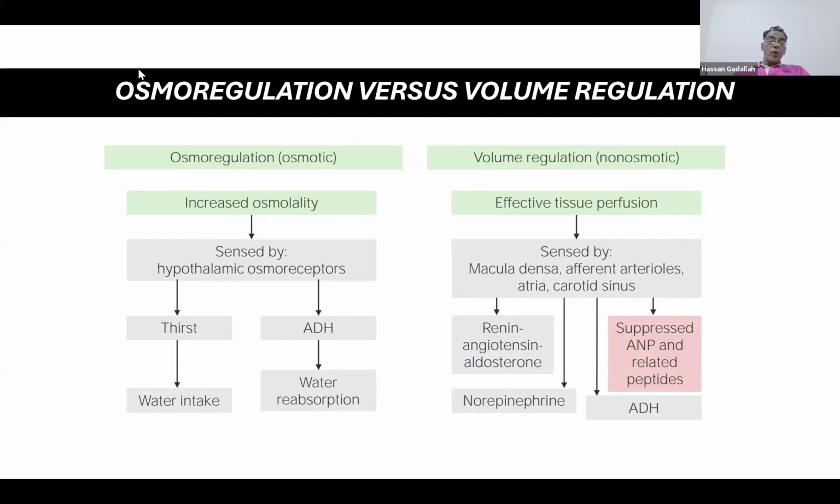So now we will talk again, because this is so important, about osmoregulation.